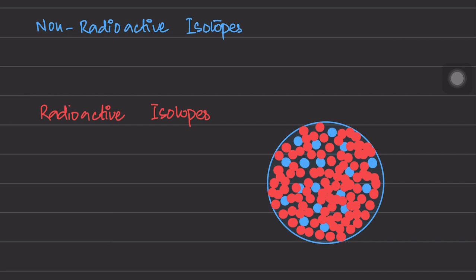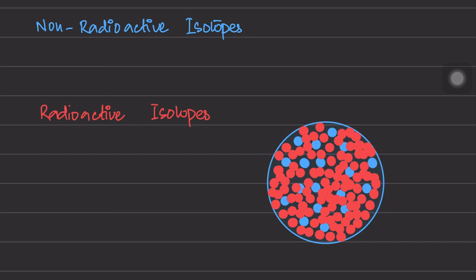As soon as those guys are kicked out, there's more room, there's more space. So it's going to be more convenient for you to be there. That's what we mean by non-radioactive and radioactive isotopes. Non-radioactive isotopes are the ones where the number of protons is less.